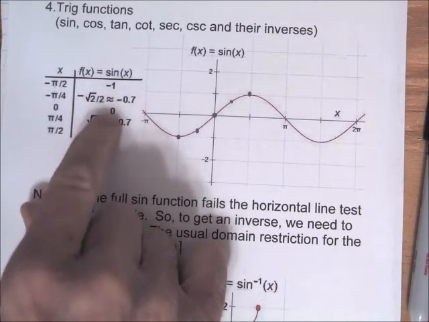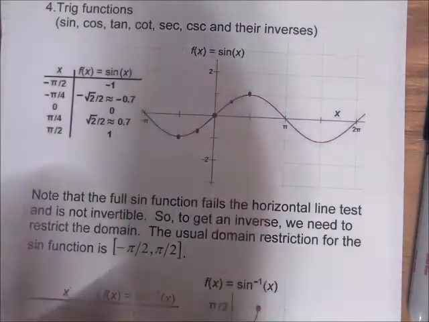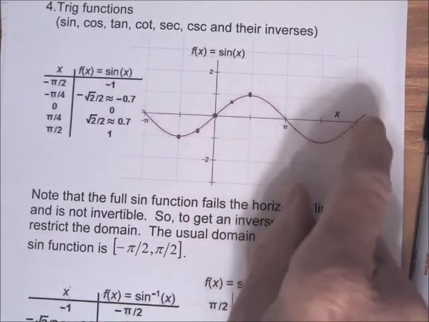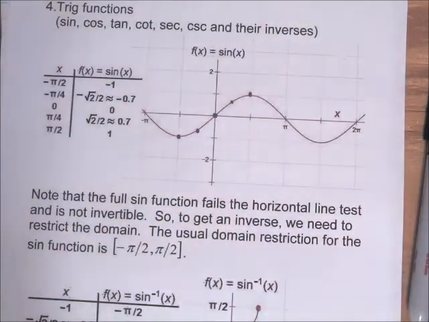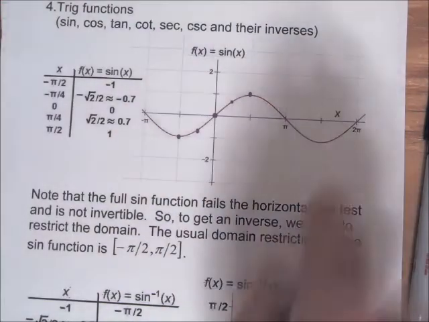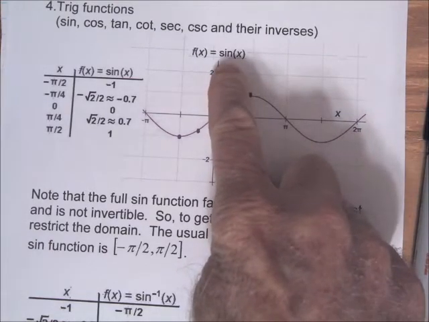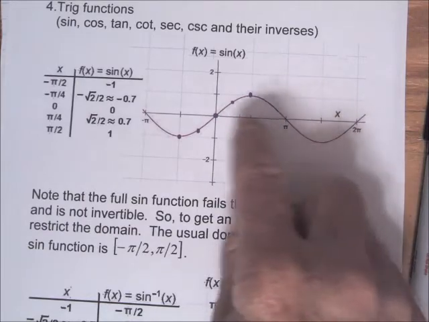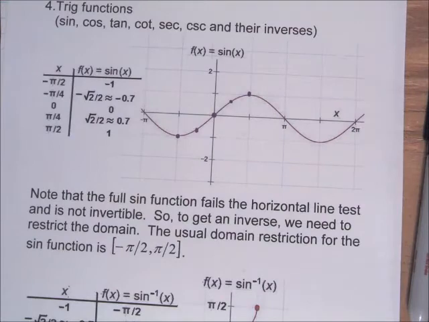So we can look at the unit circle to get these values, but then we're going to plot it x versus f of x on a rectangular coordinate system, with the horizontal axis being the input and the vertical axis being the sine.